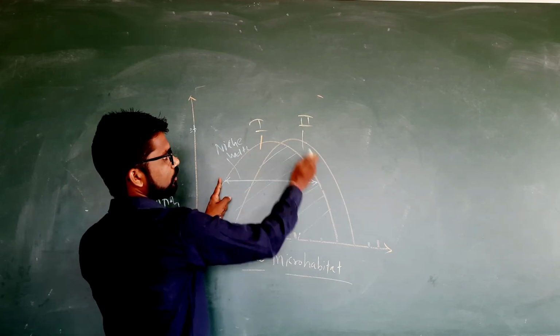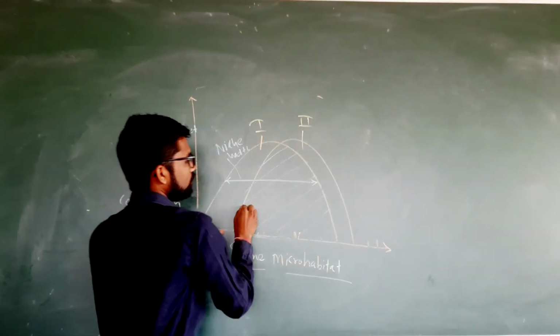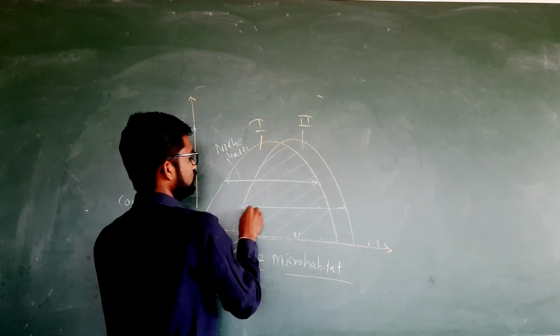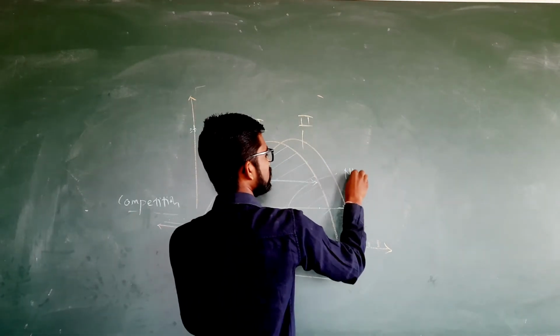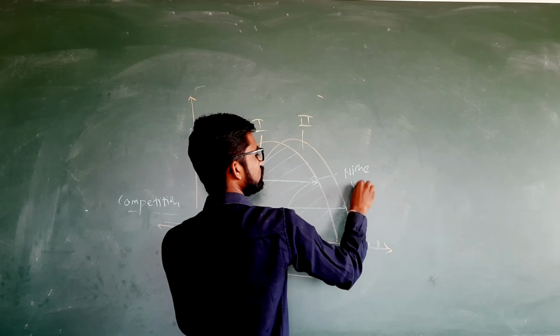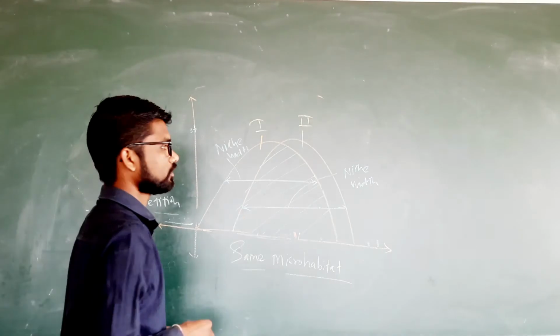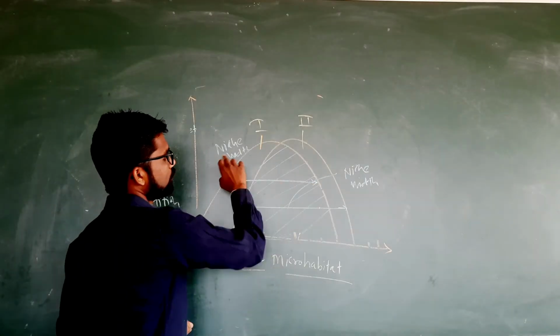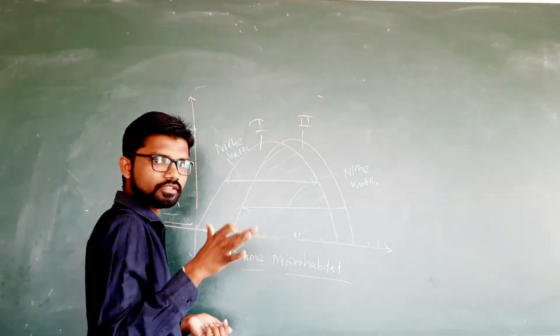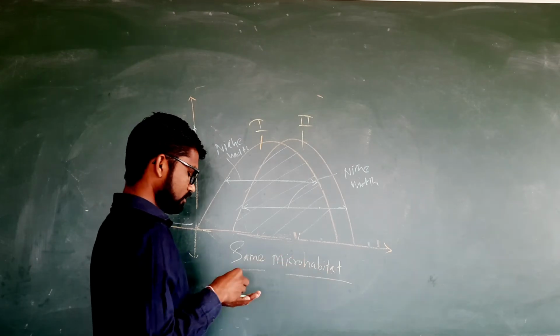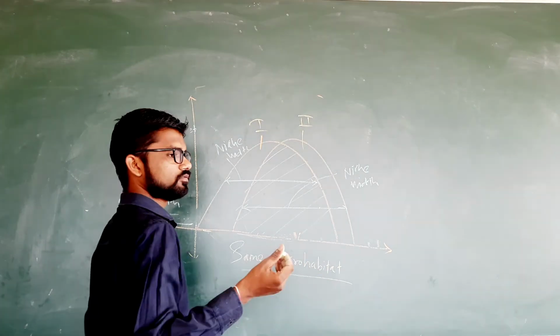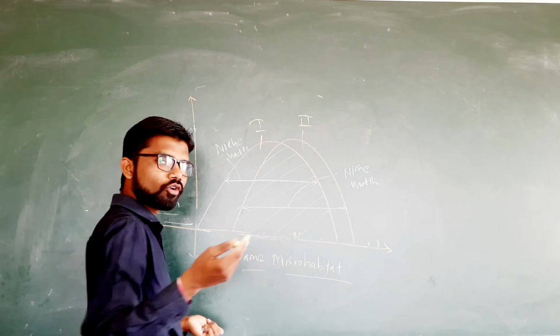This is the niche width of the first animal, and this is the niche width of the second animal. Where this top is what we call overlap.